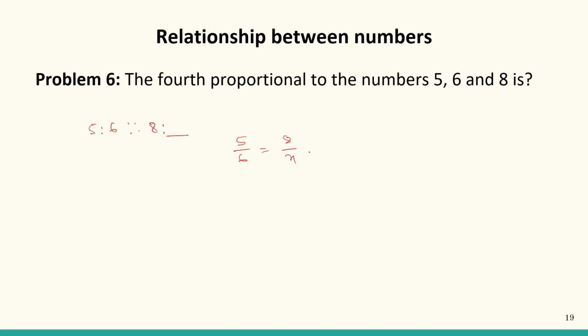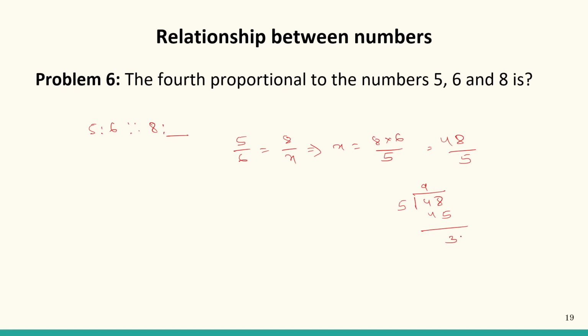So this is nothing but x is equal to 8 into 6 by 5. So 8 into 6 is equal to 48 by 5. So 5 into 9, 45, so this will be 3.